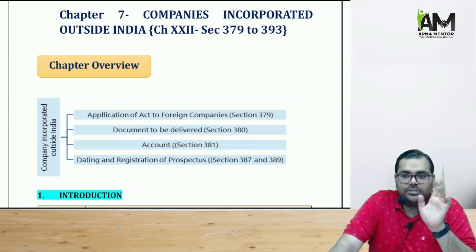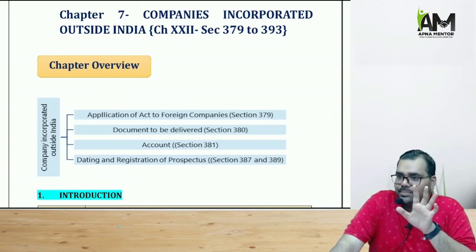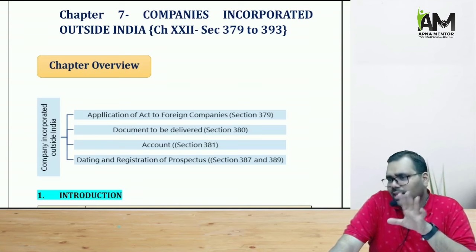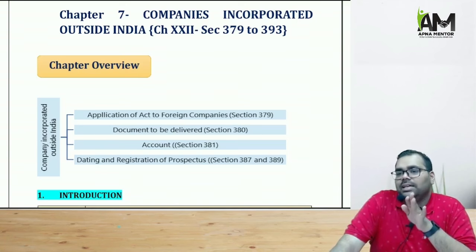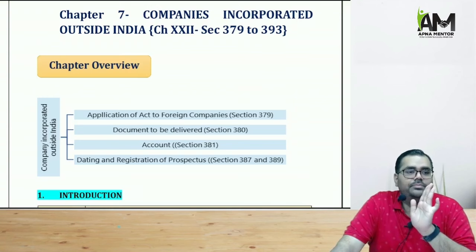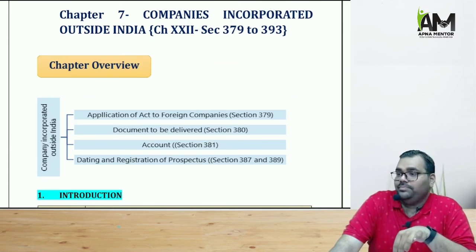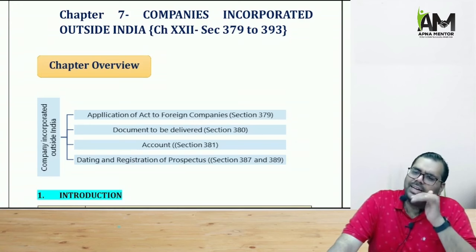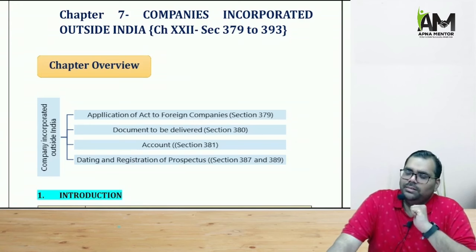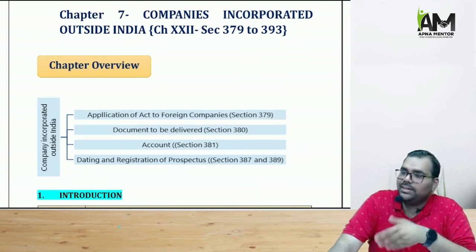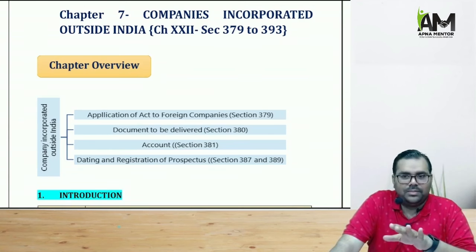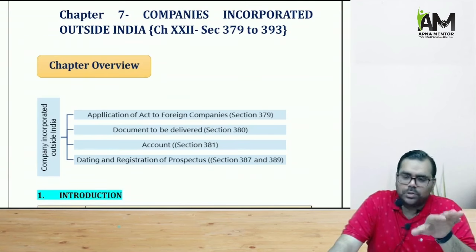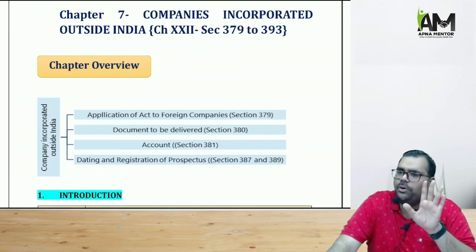What is the definition of foreign company? They say a foreign company means a company incorporated outside India but carrying on the business in India. And those companies are covered here. Companies incorporated outside India, somewhere in some country, but not coming and doing business in our country, we are not concerned with.